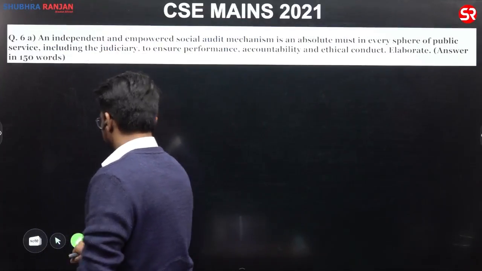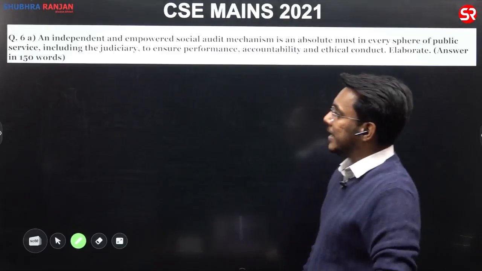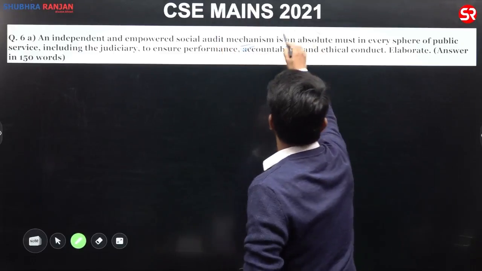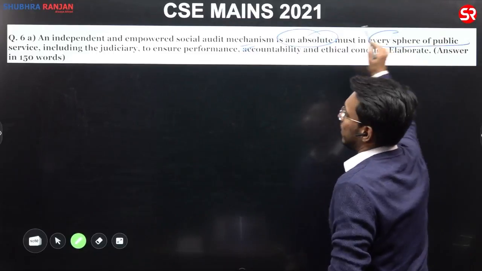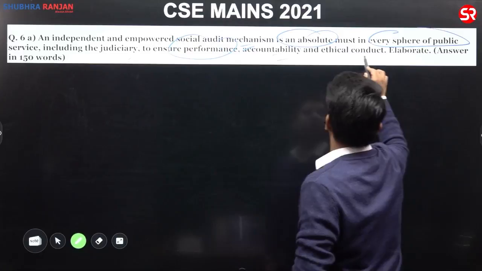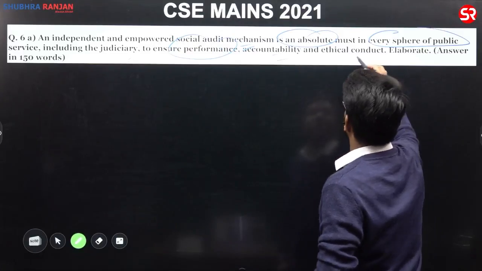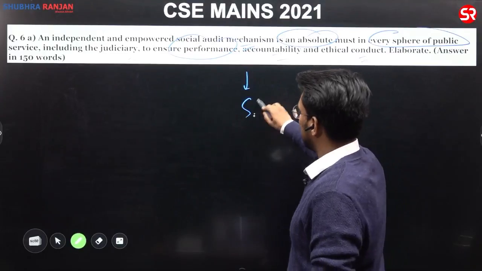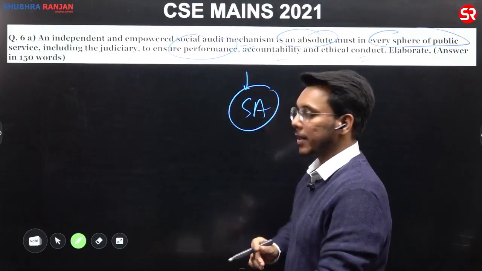Question number 6A. An independent and empowered social audit mechanism is an absolute must in every sphere of public service, including the judiciary, to ensure performance, accountability, and ethical conduct. Now, social audit.